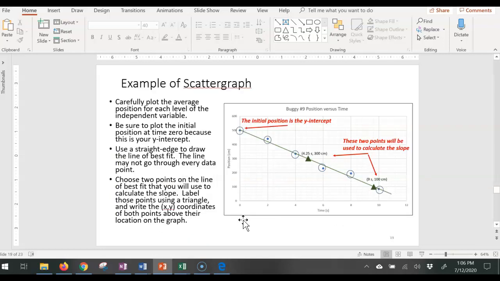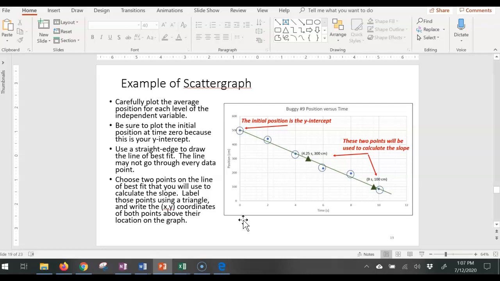Here is an example of the final scatter graph. This is imaginary data. It does not match any team's particular data, but it does show how the graph should be created. Please follow all of the principles that were described in the reading that you did in the previous unit.